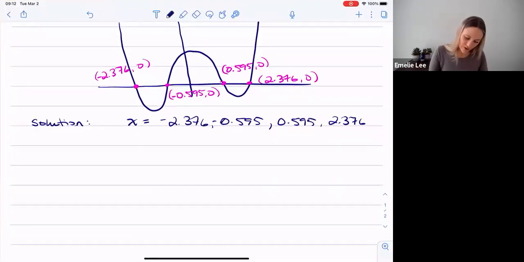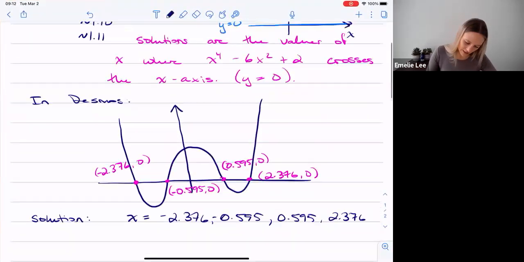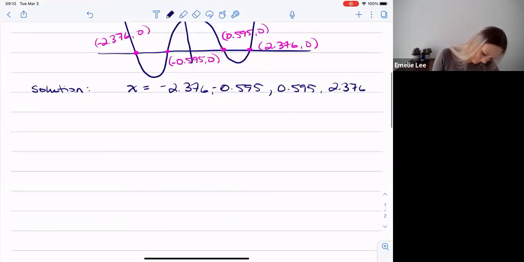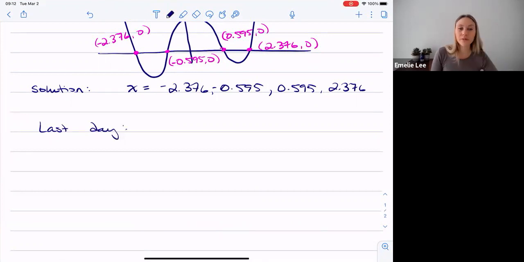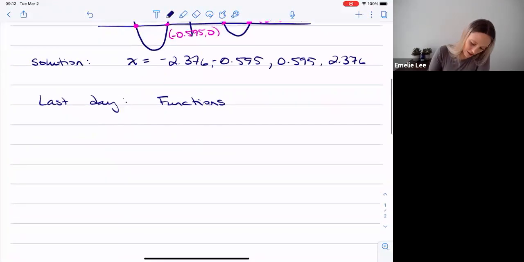Okay. So last day we finished up with lines, and then we kind of went into functions. So we talked about functions, we talked about function notation.